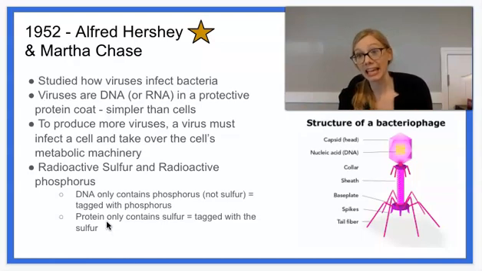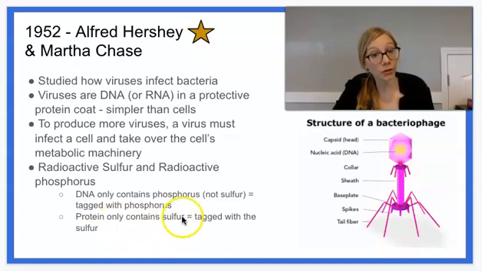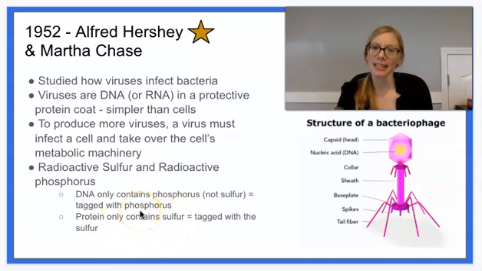So when we're tagging our phages, it's going to tag the protein coat with sulfur, and then the DNA inside would get tagged with the phosphorus. So looking at what is present when would tell us what part of a phage is infecting cells and transmitting on and replicating more.